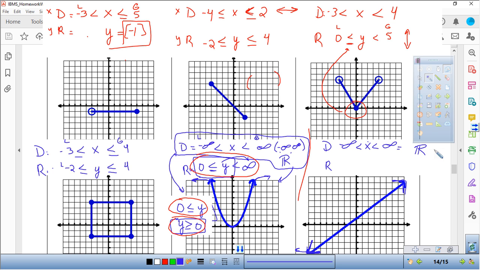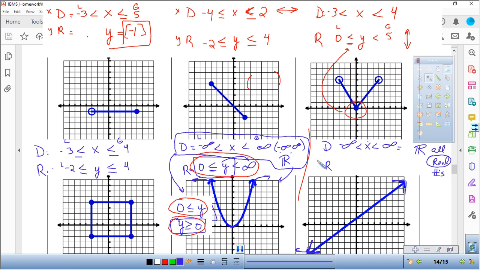Now, if you're wondering what in the world real numbers are, they're any number you can think of: positives, negatives, fractions, decimals, numbers that make sense to you, like half, and numbers that don't, like the square root of some weird fraction. Any number you can think of is a real number. Later on, we'll get to imaginary numbers, but we're not talking about those right now. So this is strictly real numbers.